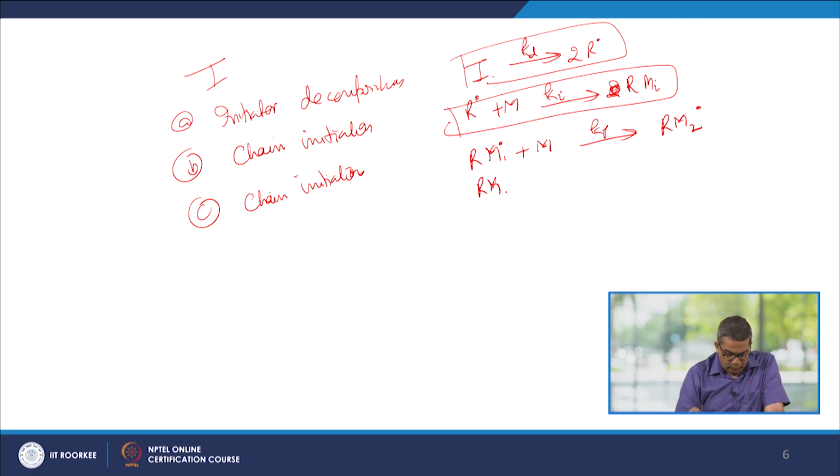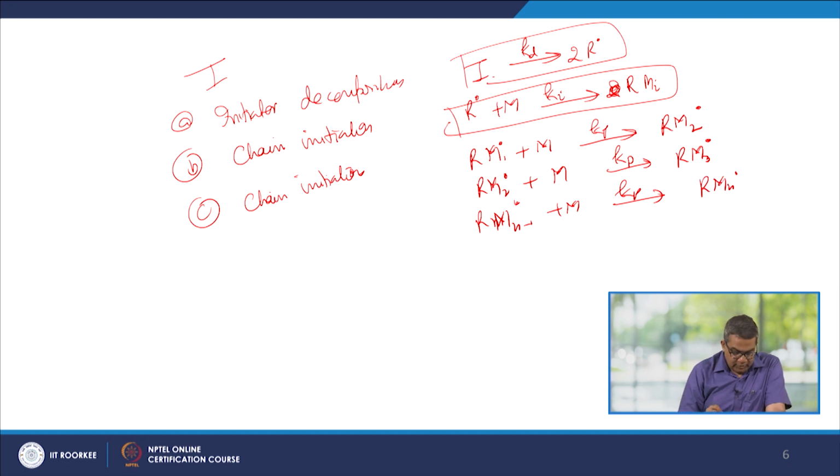Then R M2, with Kp, R M3, then R M in a generic term plus M. This is the chain initiation and propagation, and then we may have R M in a generic term, leading to the formation of the polymeric chain.